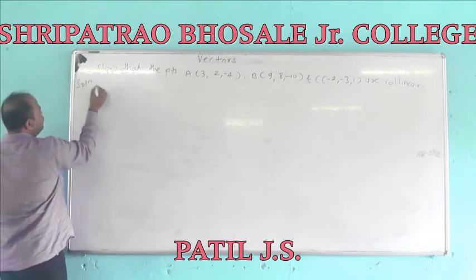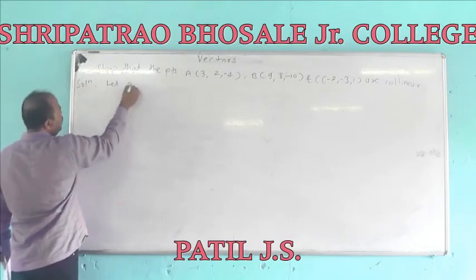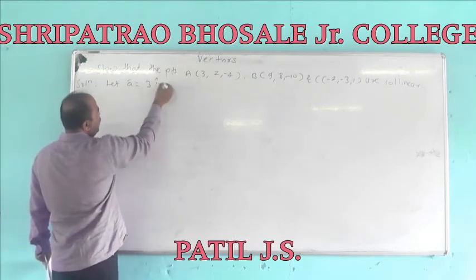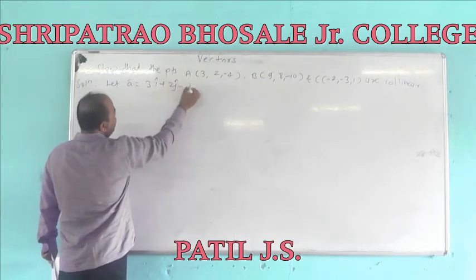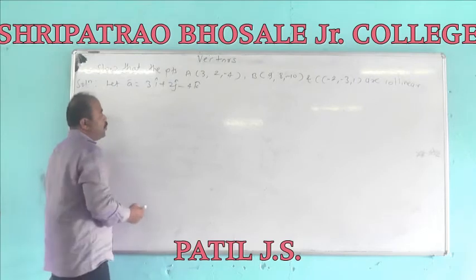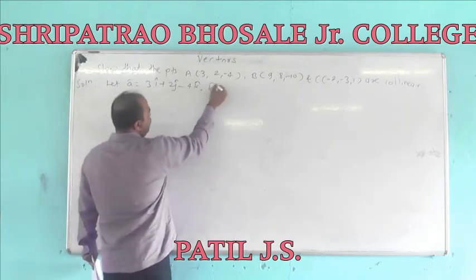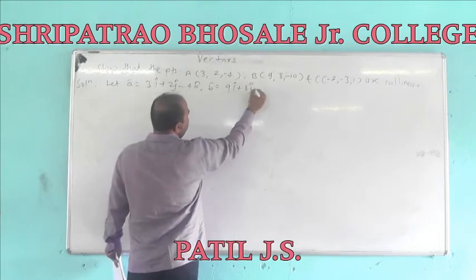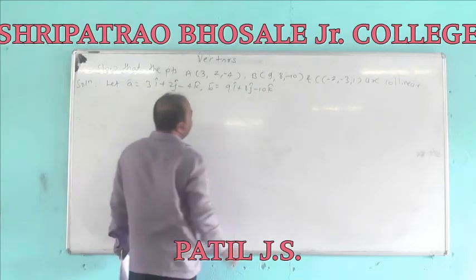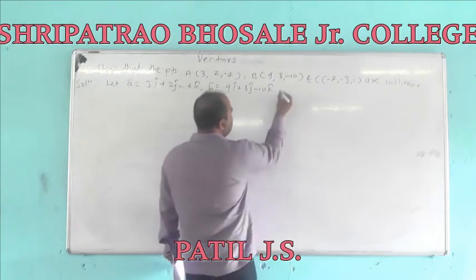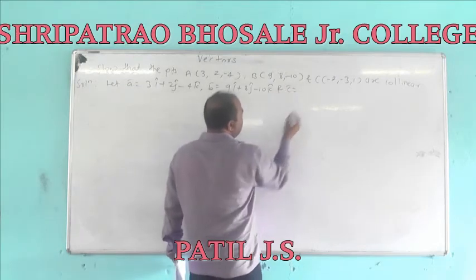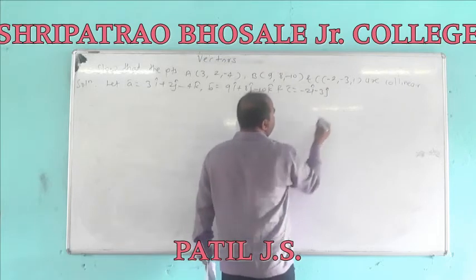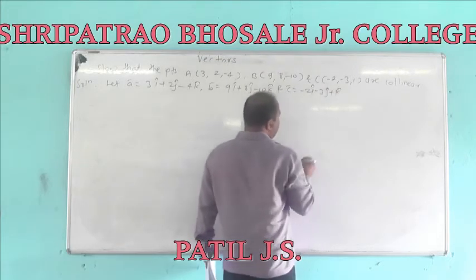Solution. First, let A bar be equal to 2i cap plus 2j cap minus 4k cap, B bar equal to 9i cap plus 8j cap minus 10k cap, and C bar equal to minus 2i cap minus 3j cap plus k cap.